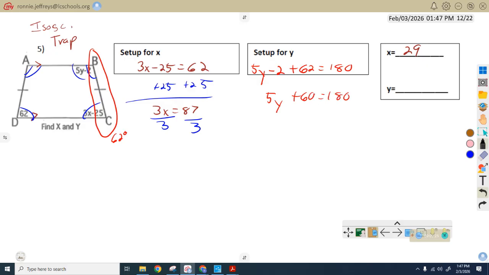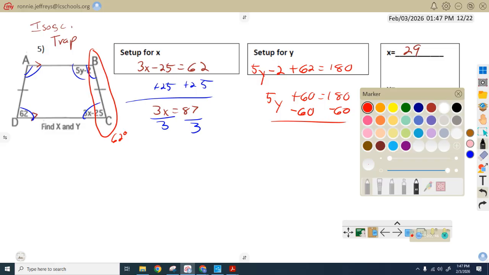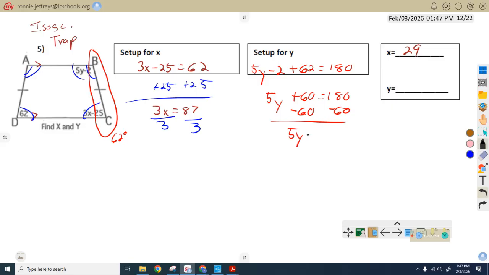Yeah, you could actually set it up as 5y equals 118. That's so easy. Oh my gosh. Hand had a small seizure. 5y equals 120. All right, and then divide by 5. 24.